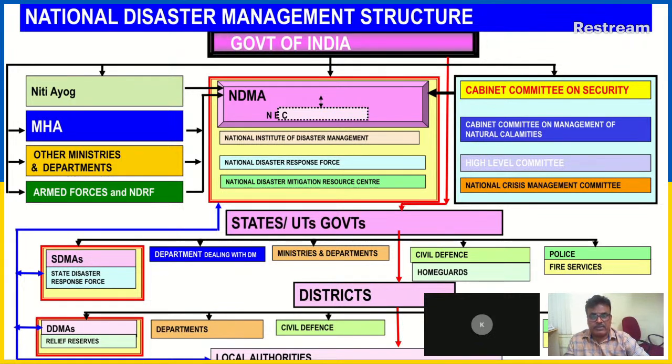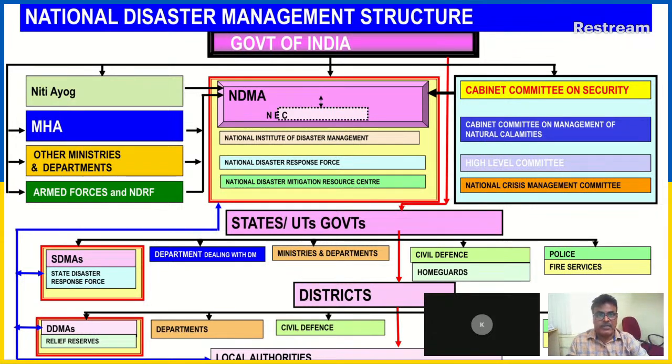So their effort is to reduce the risk every year and see that no casualties happen. That is what local authorities like Panchayati Raj institutions, urban local bodies, and other trusts, such as city improvement trusts or development authorities, will have to ensure in the cities, towns and villages.